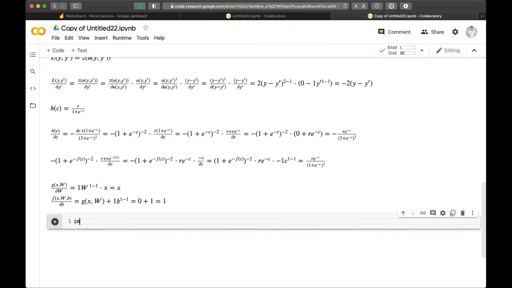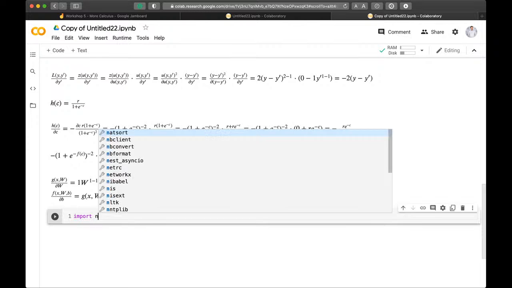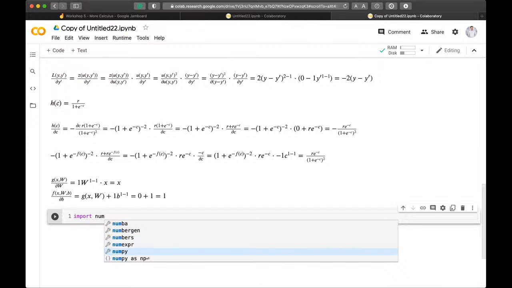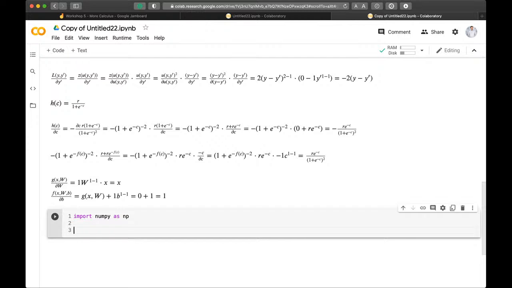So import numpy as np. Actually, I think we don't need numpy in this case. Okay, yeah, I'm not sure, maybe we'll need it. Numpy as np. Okay, cool. So in this case, let's write this more optimally.